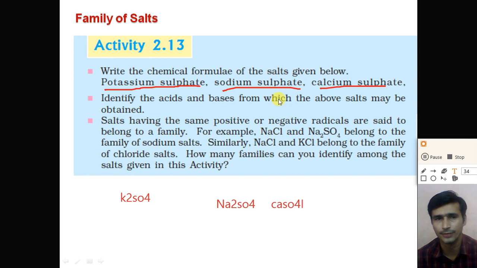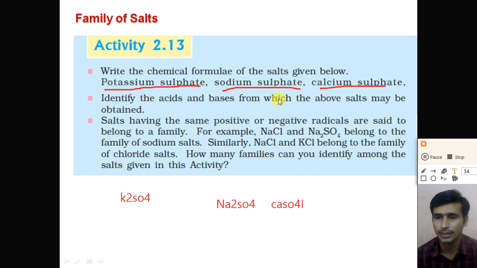Potassium sulfate is derived from H2SO4 and KOH, right. Here H2SO4 is an acid, sulfuric acid, and KOH is potassium hydroxide, which is a base.